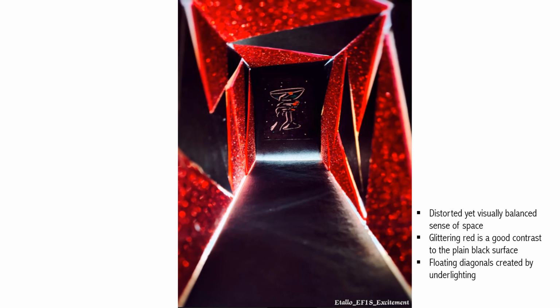The glittering red is a good contrast to the black, and also the floating diagonals created by the underlighting, because the diagonals are lighted under, looks like with white light underneath, gave the illusion of it being floating. So I think it's a very extravagant use of shapes, lines, and colors.